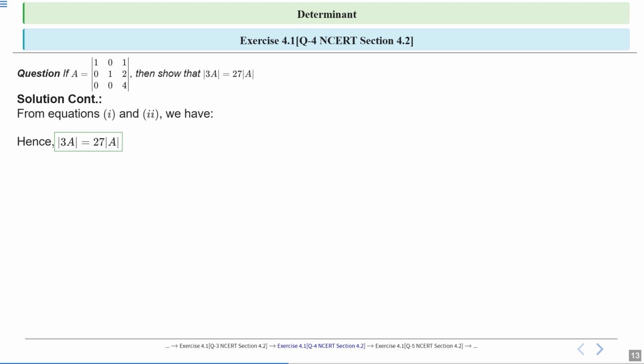So whenever we have to calculate the determinant of kA, where k is any scalar, we don't need to first multiply k with all the entries of that matrix to get the matrix kA and then find the determinant. We just calculate the determinant of A and multiply it with k to the power of the order of that matrix. Let's suppose the order is n, then determinant of kA is equal to k to the power n times determinant of A. That is a general observation.